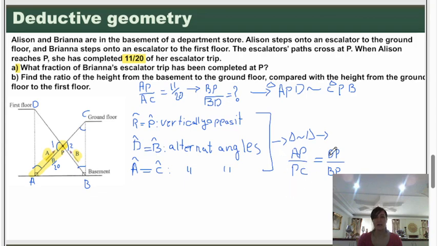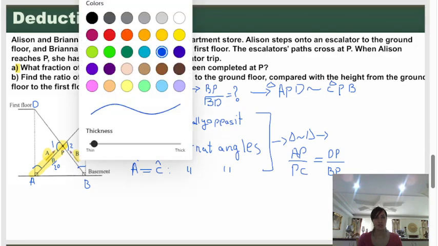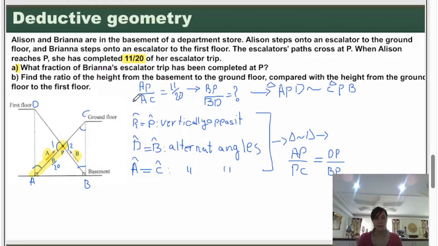So to find this ratio, I say AP over PC. Here, the question gives us AP over AC. What's AC? Let me change my color to write AC. This length AC equals AP plus PC.